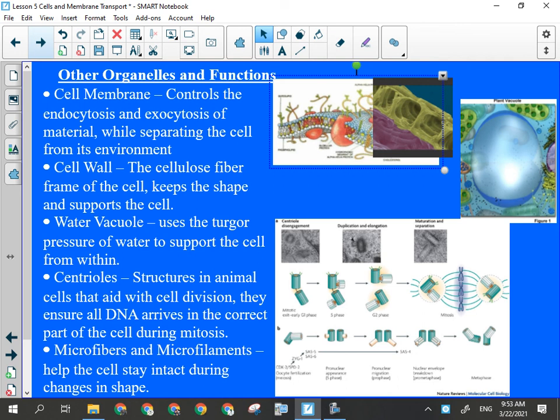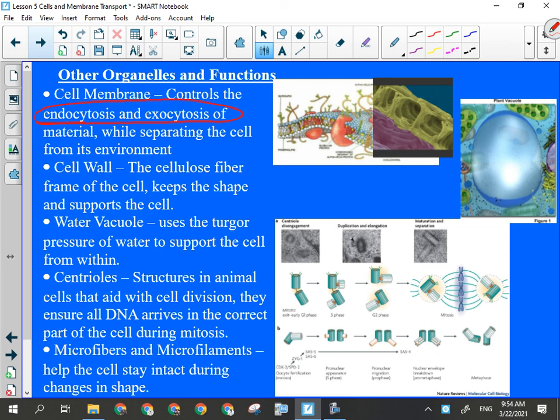Okay, so cell membrane, and these are the two important words. If you are telling me what the cell membrane does, I will need to see those two words. The cell membrane controls endocytosis and exocytosis. That is movement in and out of the cell.